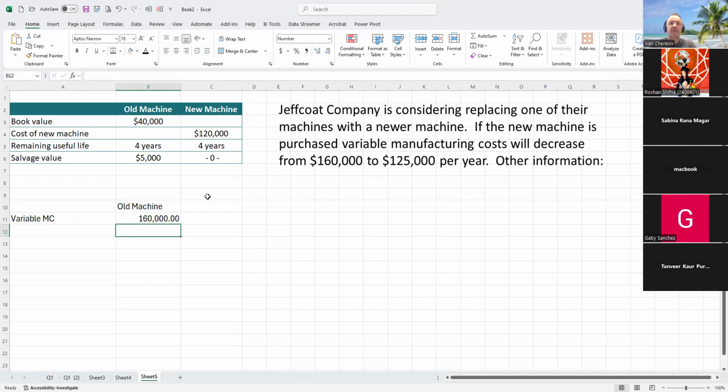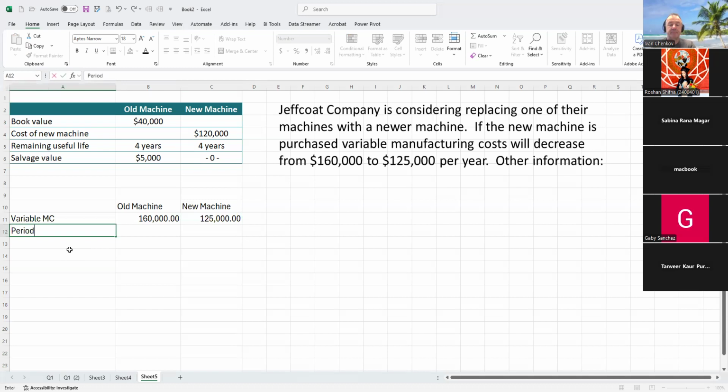If we get the new machine, how much will be my cost? 125,000. Now, for what period of time? 4 years. We're talking about 4 years.